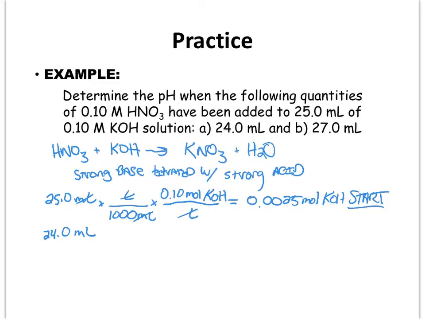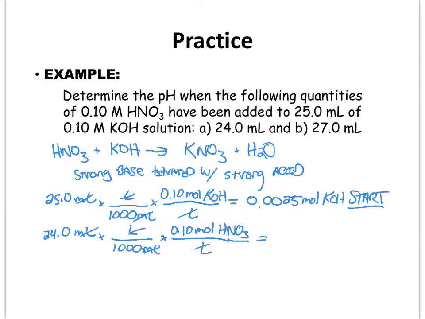So I have 24 milliliters of acid. Convert that to liters here. And now that I'm in liters, I can use the concentration. I know that the acid is 0.10 molar, so there's 0.10 moles of the nitric acid for every liter.